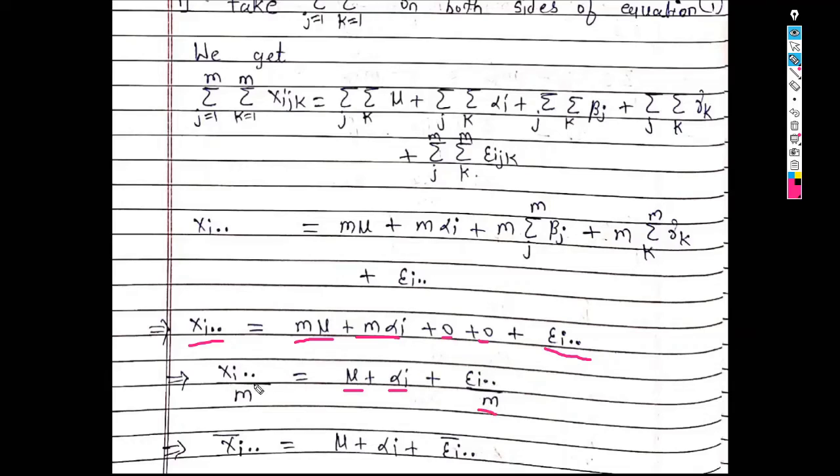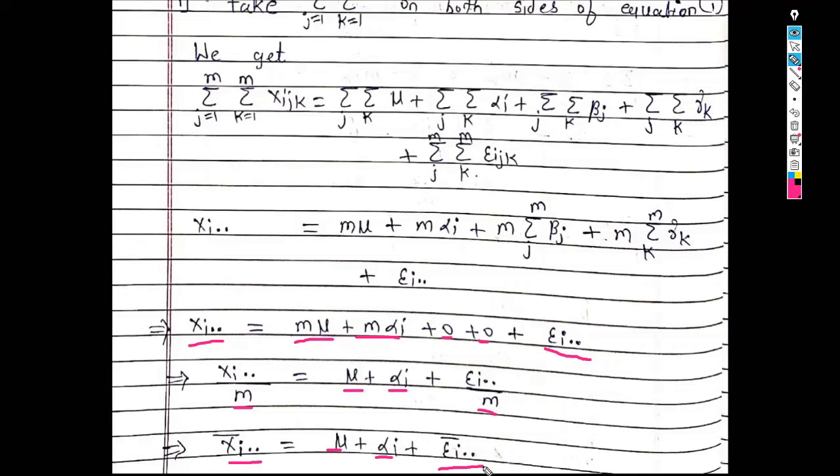We know that the ith row total upon the total number of observations in the ith row is nothing but our ith row mean, and mu is a constant, so mu plus alpha i plus epsilon i dot dot upon m, which is epsilon i dot dot bar. In this way we prove our first statement about the ith row mean: x i dot dot bar can be written as mu plus alpha i plus epsilon i dot dot bar.